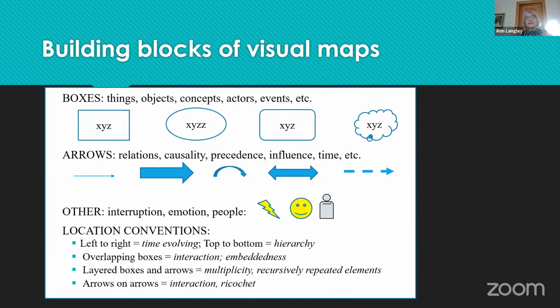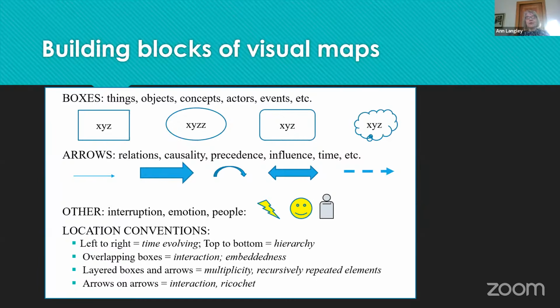So at least in the West, time goes from left to right. It does not necessarily go from left to right in other parts of the world, and that can be confusing. If your writing starts from right to left, you may think of time as going from right to left.